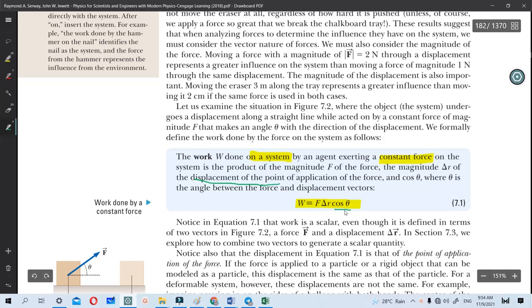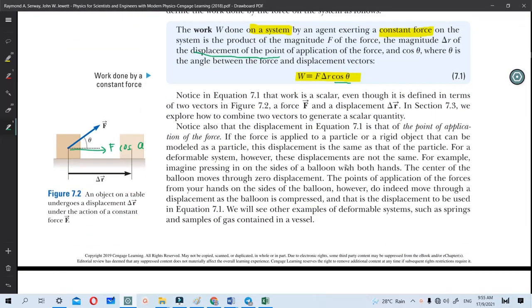The term F cos theta is here, where this is the R. So in short, work can be calculated provided the force is a constant value, and it must be parallel to the displacement. You can put it as delta R, delta X, delta Y, so long as you understand it's a displacement product.